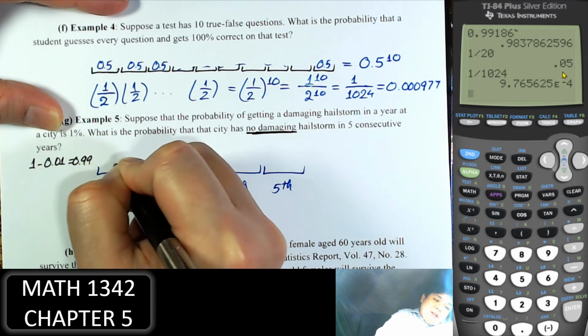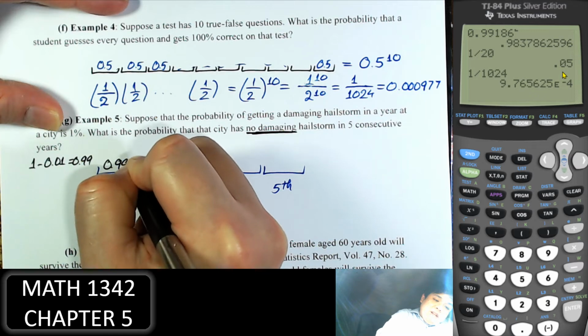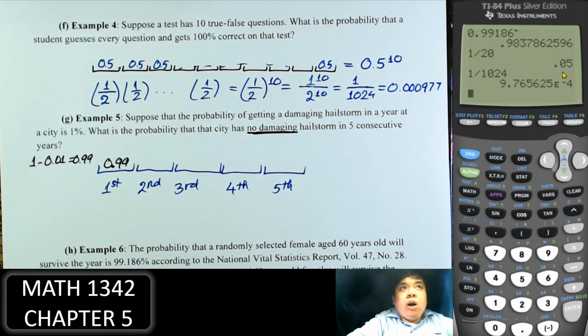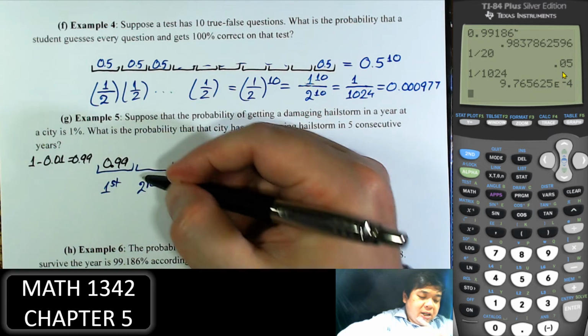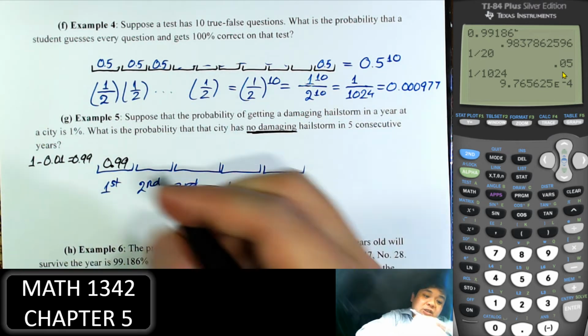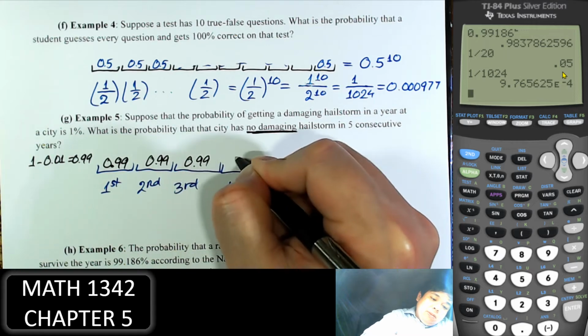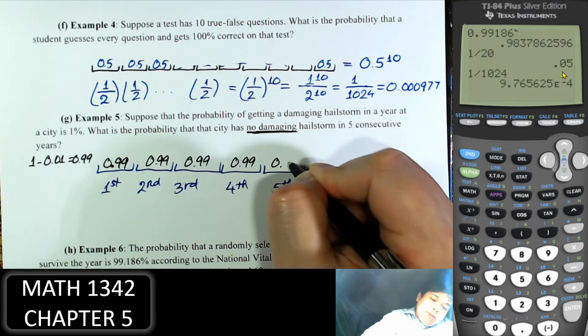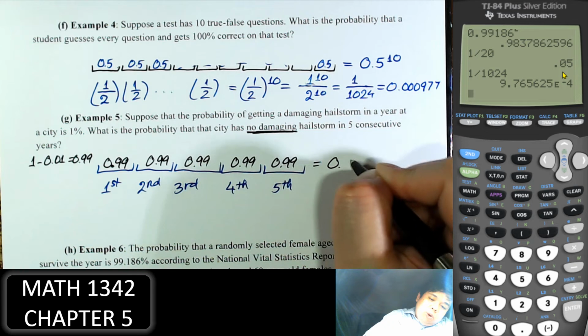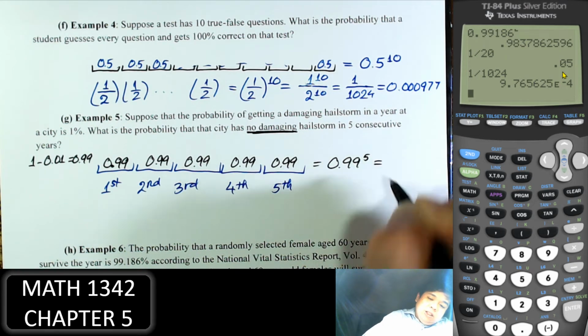Not getting a damaging hailstorm will be the complement: 1 minus 1% is 99%. And you want that for 5 consecutive years. So we have 0.99 to the 5th power.